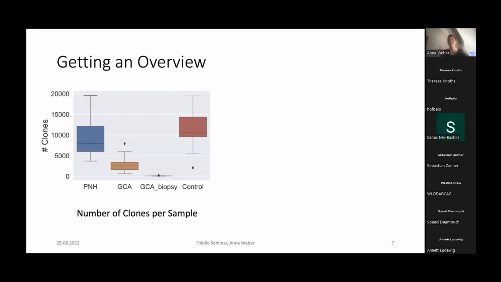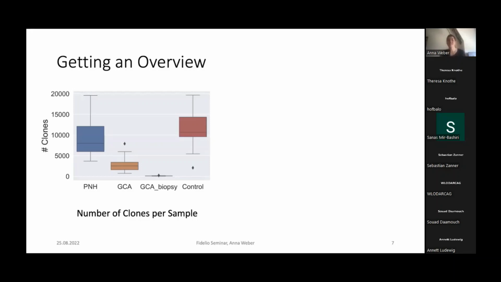If you have many different T cell clones, many different T cell receptors, that means that your immune system can respond to a large number of different threats. And it's already known that this decreases with age. So with age, there's going to be less flexibility, less diversity in your immune system, less different clones, which we're actually really seeing here in the GCA patients.